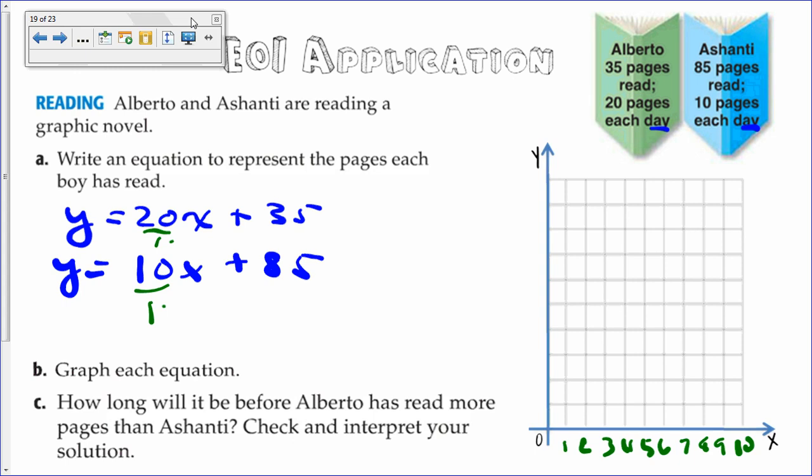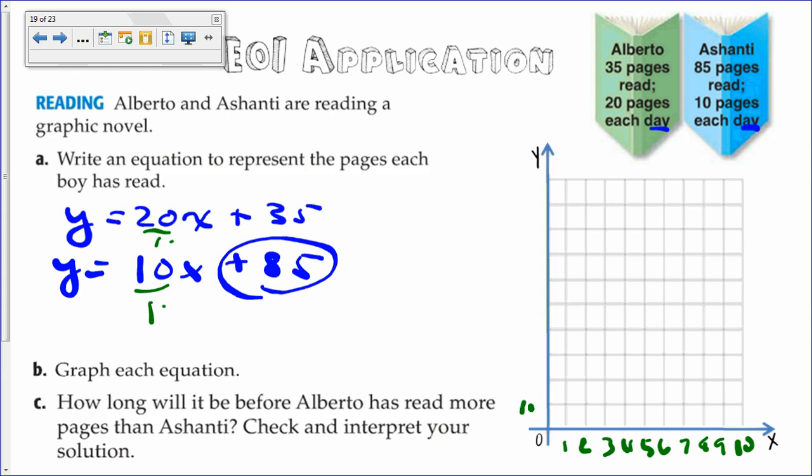Yeah, okay. And then on the y-axis, I'd go by what? You go by 5s. I'd probably go by, since I got 10 here, and then 20, I'd probably go by 10s, right? Because I've got to at least get up to what? 85, don't I?